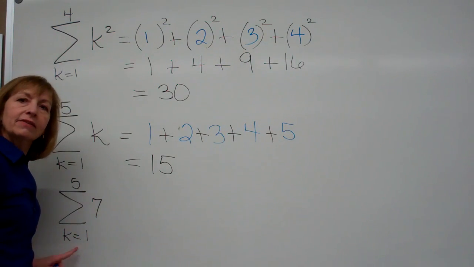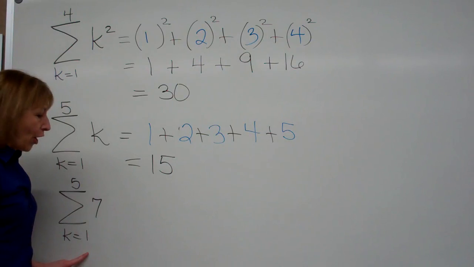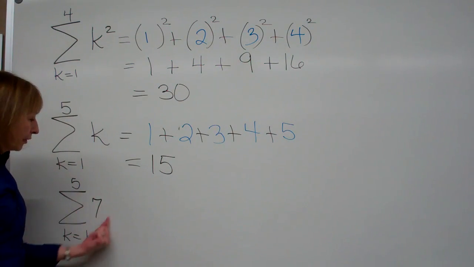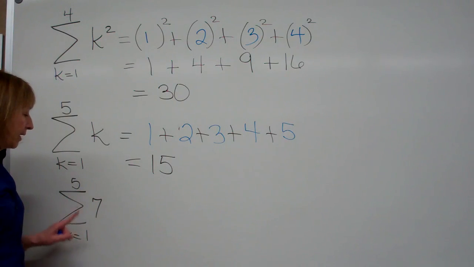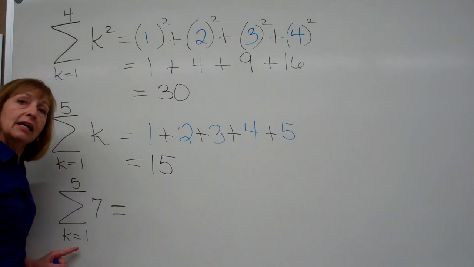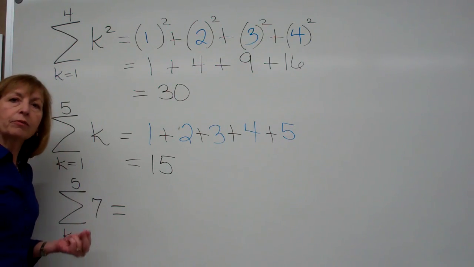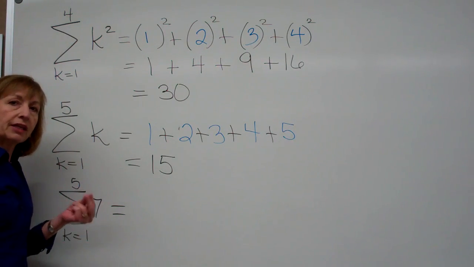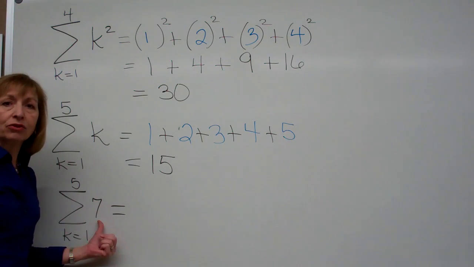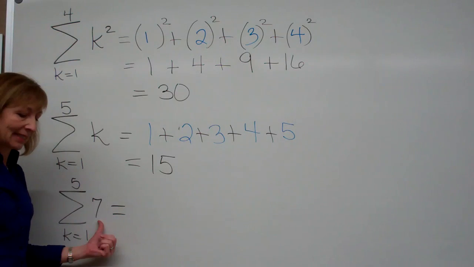Okay, so now let's go to the next one. Here my index of summation is k, but I just have a number in my argument here, and then I'm going from k equal 1 to 5. Well, I'm still going to do the summation, and I'm still going to think about the increments starting from 1 and doing the integer values until I get to 5, but each time my term is just going to be the constant 7.